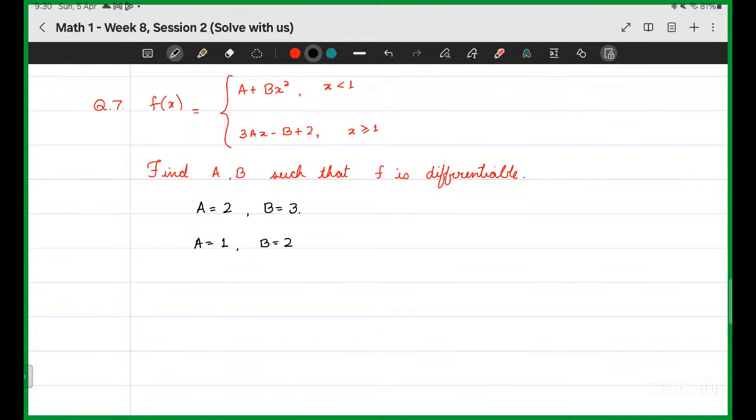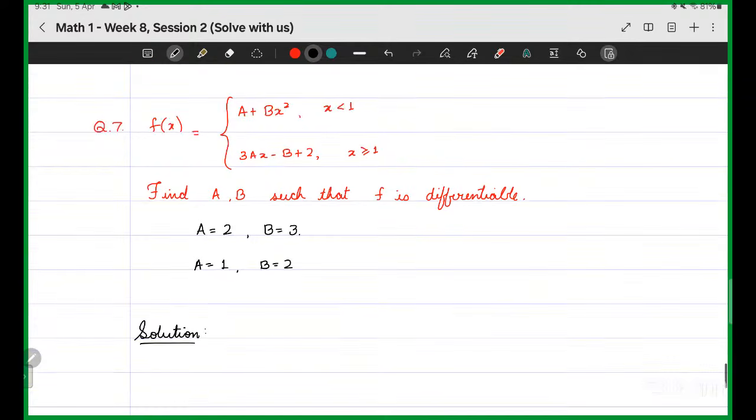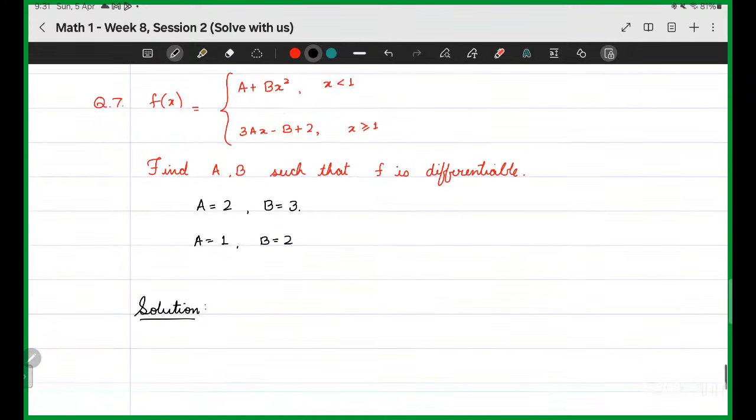Anyone else? Okay, let's go through this. So either of you, 1, 2, or 2, 3, can you tell me how you arrived at A is equal to that and B is equal to the other thing? Could you explain your solution?